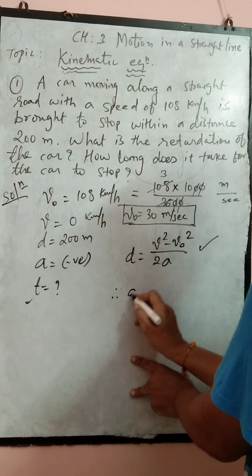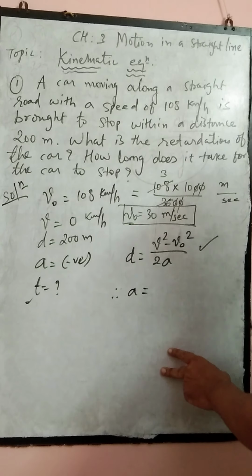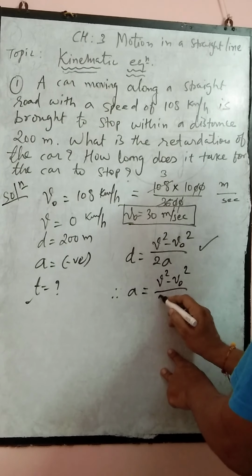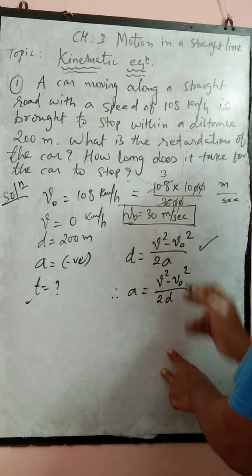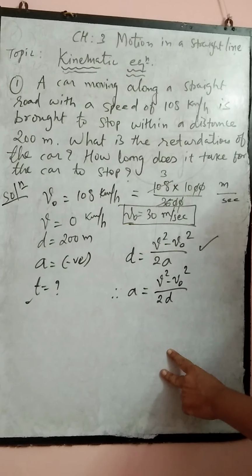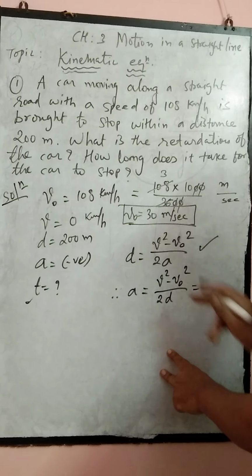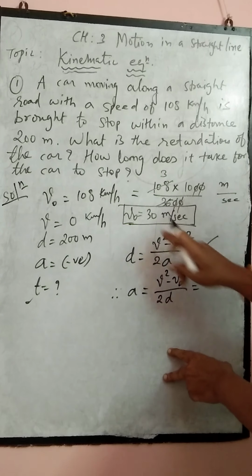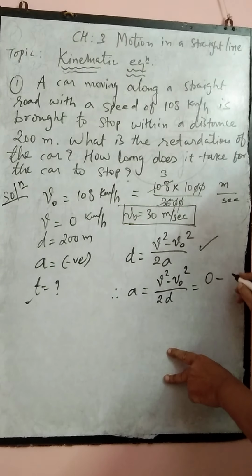So when you make A the subject, A equal to V square minus V naught square upon 2 into D, just taking cross multiplication. So V square, final velocity is what? 0, minus V naught square, 30 into 30, 30 square, that is 900, right?